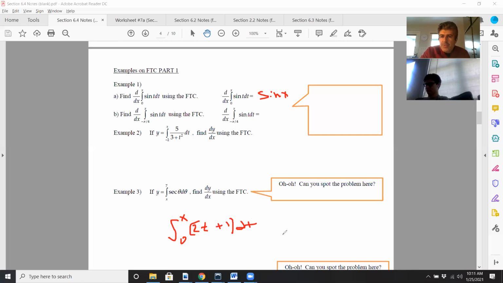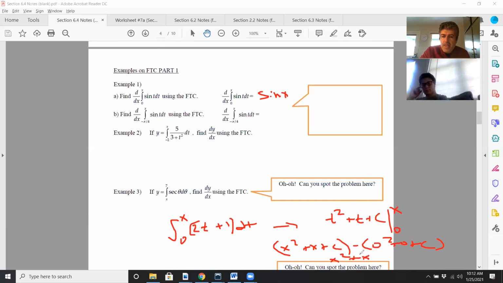We know the antiderivative of 2t is t squared. And the antiderivative of 1 is t. And of course, it's plus c. We know this, right? And remember, we talked about how you plug in the upper limit. So you plug in x, so it becomes x squared plus x plus c. And you plug in 0, which is, again, 0 squared plus 0 plus c. The c's cancel, so you get x squared plus x. Then do the derivative of that.